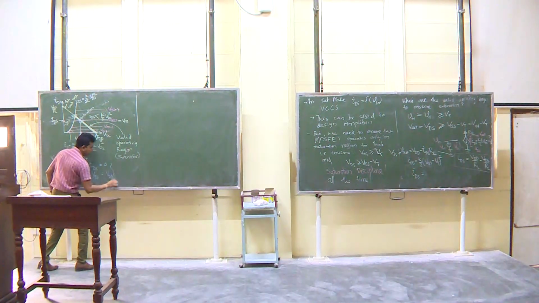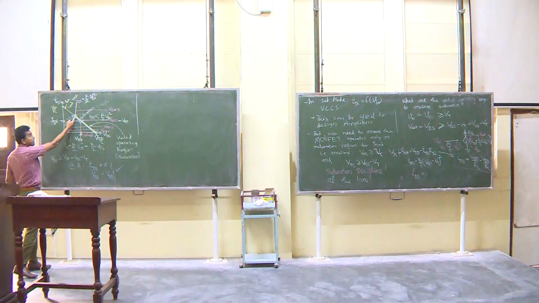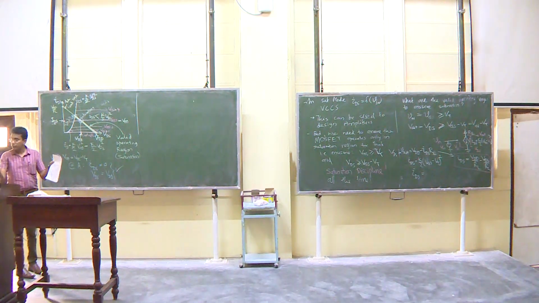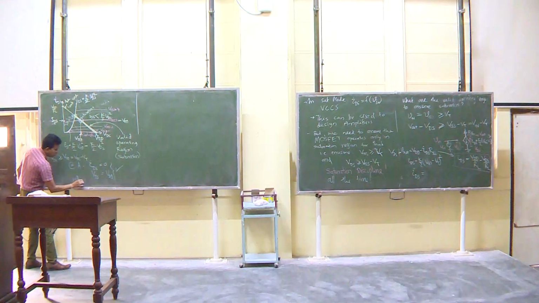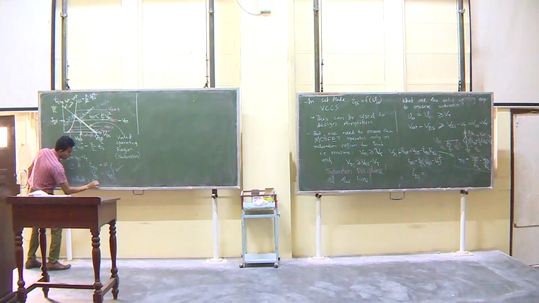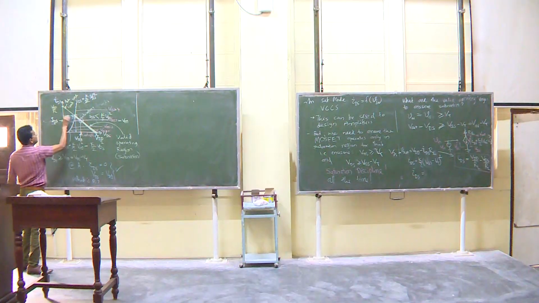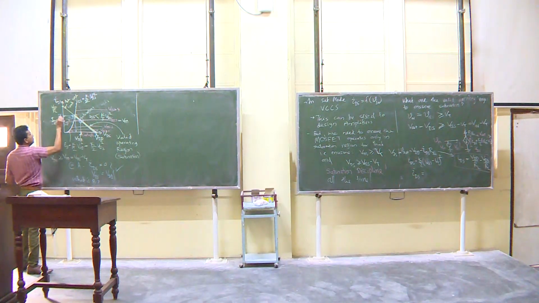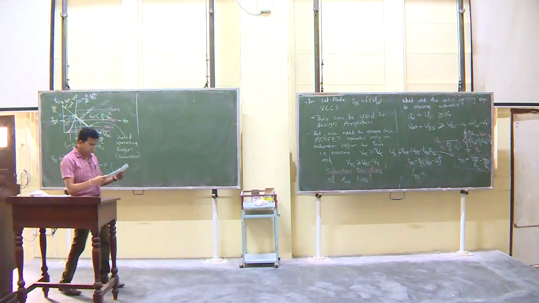Good. But then I need to know B also, so that I can only operate within these two values. So what is B? What is this value and what is this value? That is the question, right?